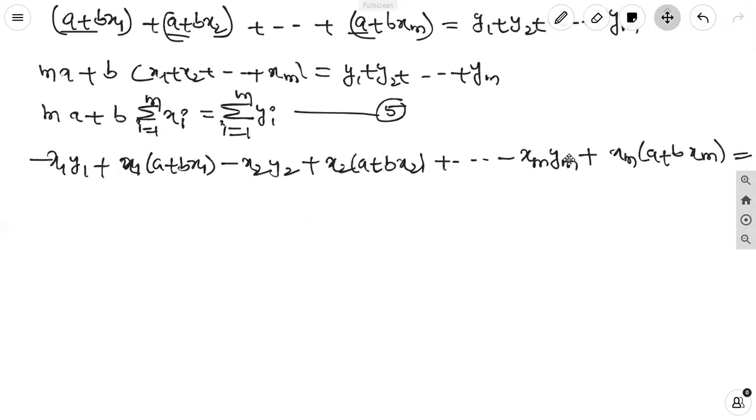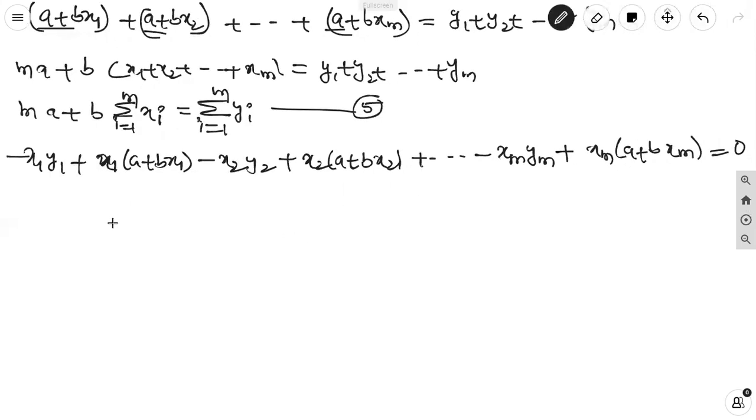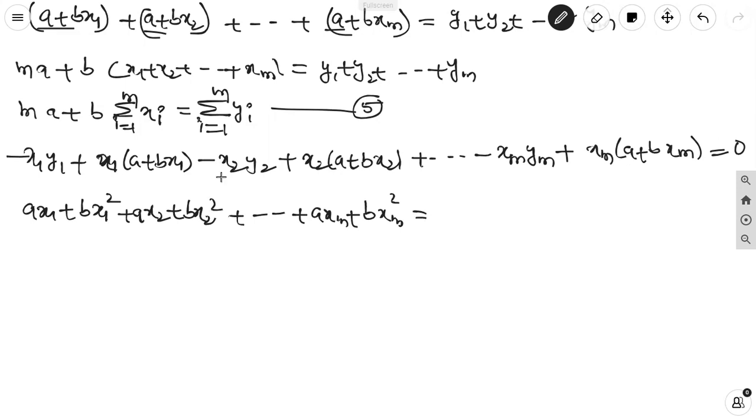Here the negative terms are taken to the right side, and we multiply all the terms by x1: ax1 plus bx1 square plus ax2 plus bx2 square plus so on plus axm plus bxm square equal to x1 y1 plus x2 y2 plus so on plus xm ym.